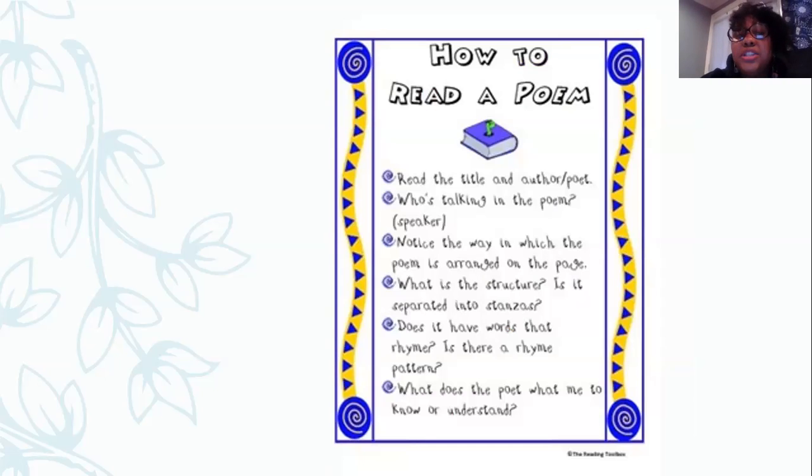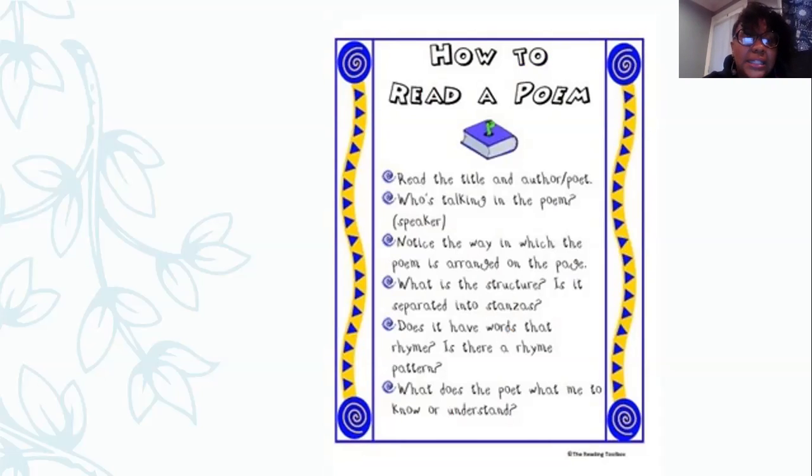When you read a poem, it's really important that before you even get started, there are some things you need to scan for. First, read the title and see who the poet is. Then you can begin to think like that poet because now you know what he's thinking about. And if you know poets really well, then you can kind of figure out where they're going with this. Also, notice how the poem is arranged.